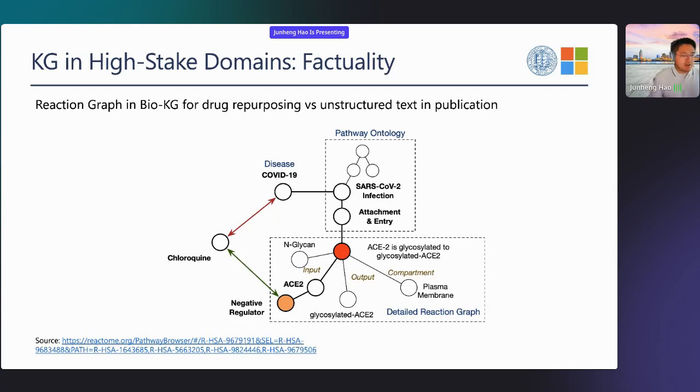We're focusing more on factuality. This is just a snapshot example: if you read a paper about how SARS-CoV-2 or a protein can be a treatment, versus seeing it in the graph, the graph conveys a very clear idea. Even for a biology freshman like myself, I can still get the key factor playing the role.